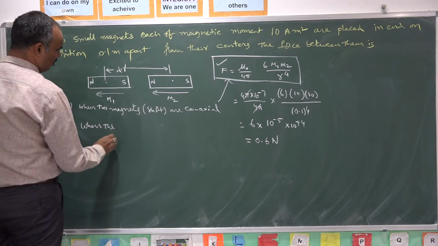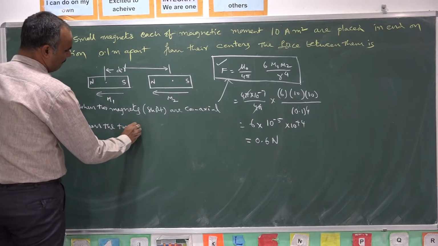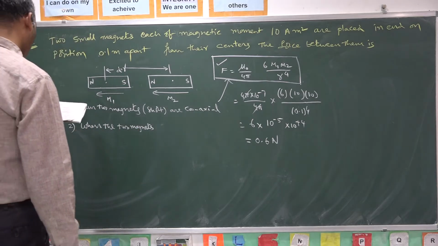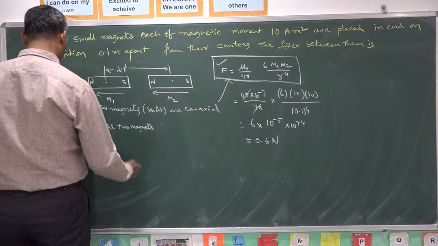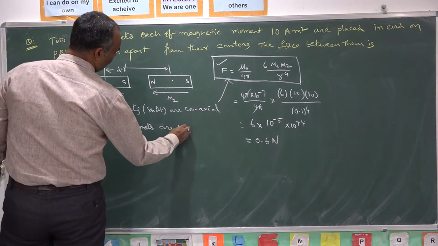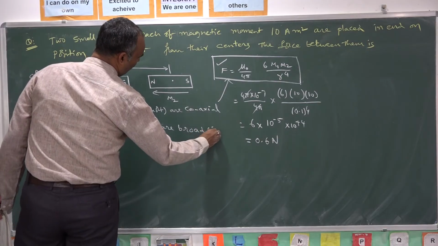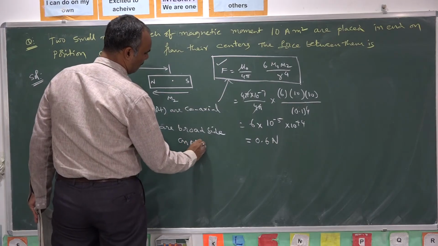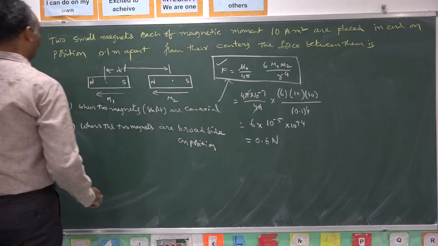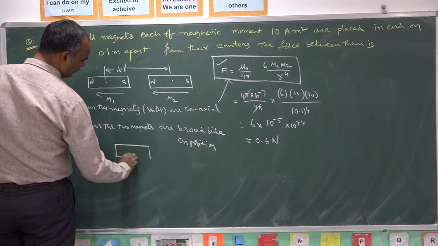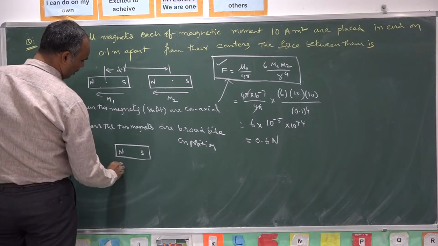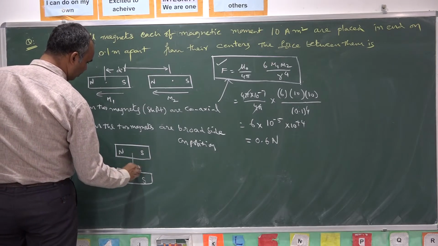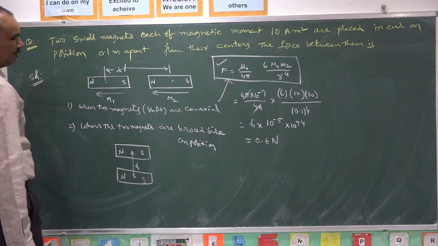When the two magnets are in broadside on position, that means one magnet is like this, north to south, another magnet is like this, north to south, separated by certain distance d, like this.